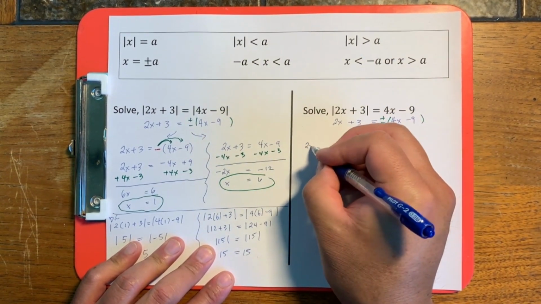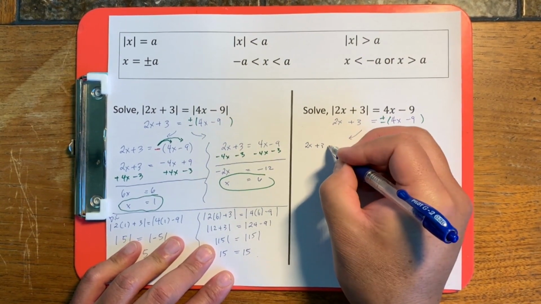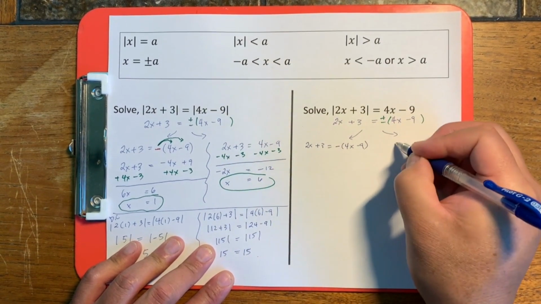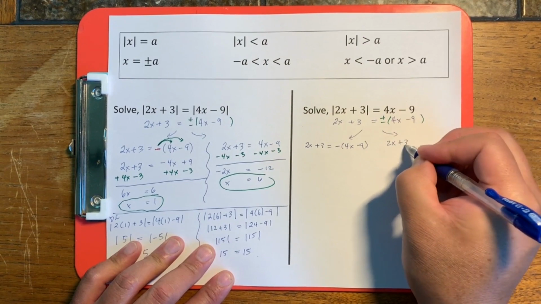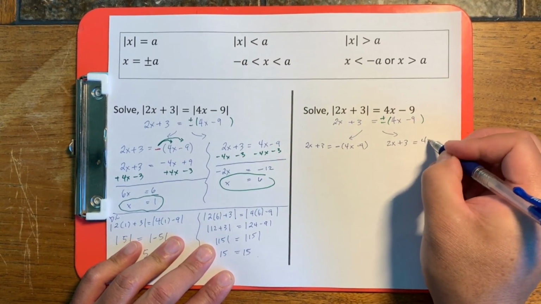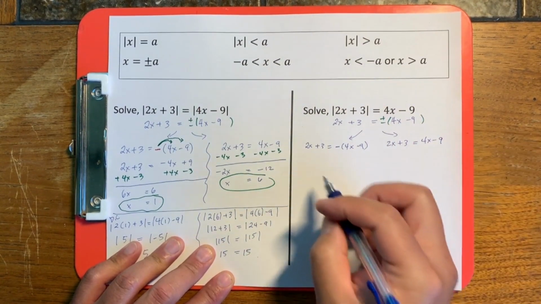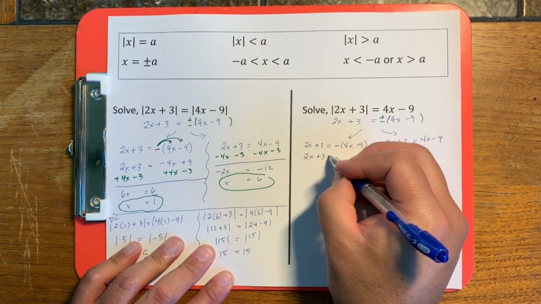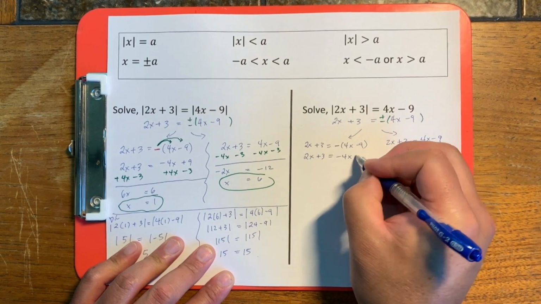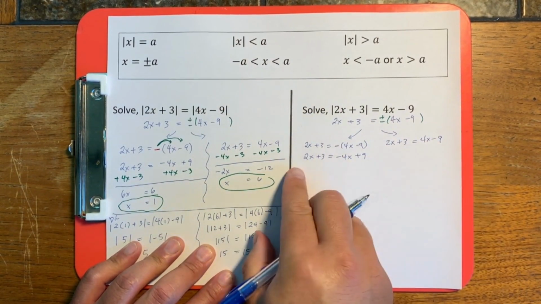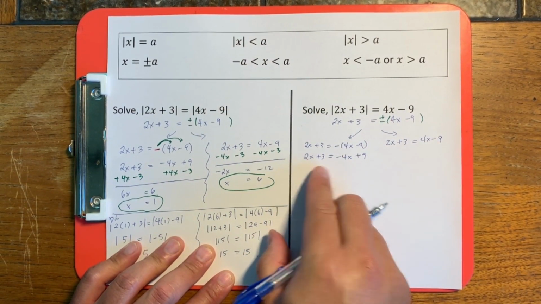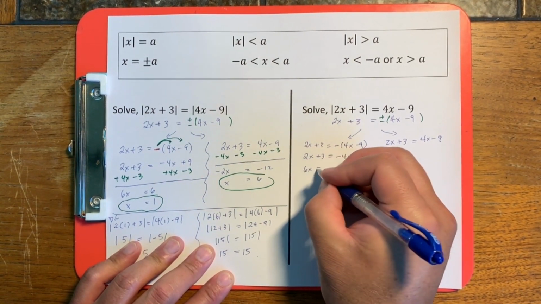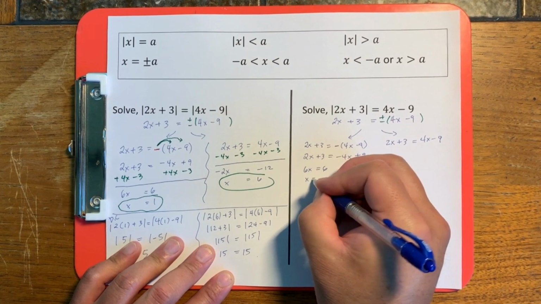You'll get 2x plus 3 is equal to minus 4x minus 9. And you'll get 2x plus 3 is equal to 4x minus 9. And then we'll distribute that minus. 2x plus 3 is equal to minus 4x plus 9. And then we're going to add 4x to both sides and subtract 3 to both sides. And we'll get 6x is equal to 6. And we'll get x is equal to 1.